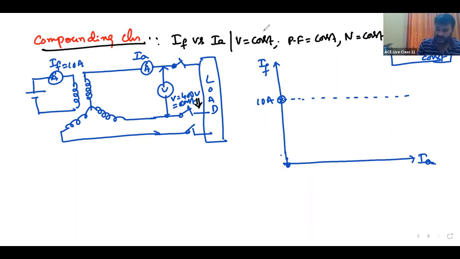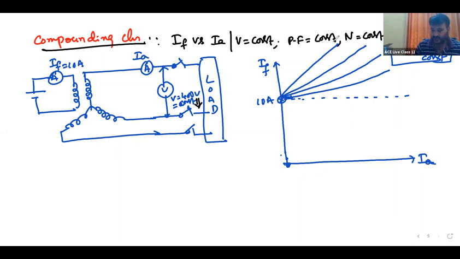If you draw the characteristics, they are like this. For lagging, you need to increase the field current, and for UPF you need to increase as well. For lagging power factors also we have to increase. For the leading power factors, they are like this.